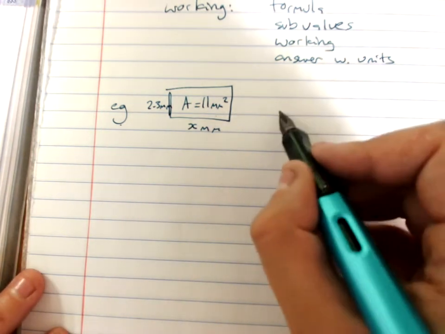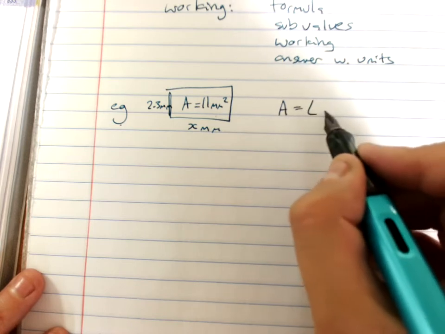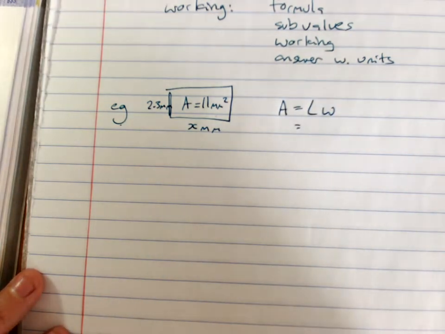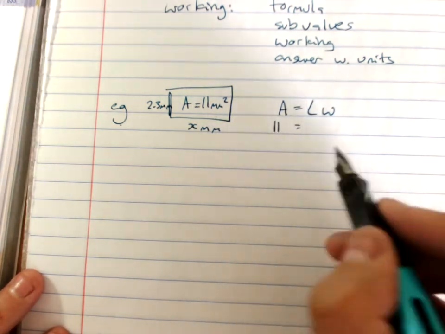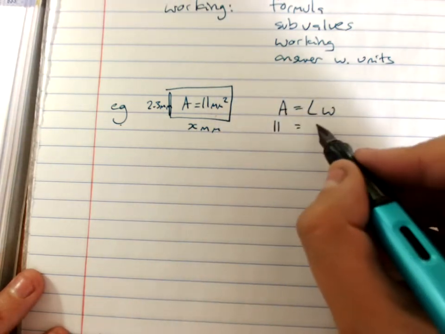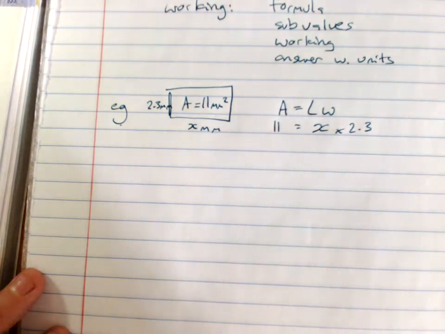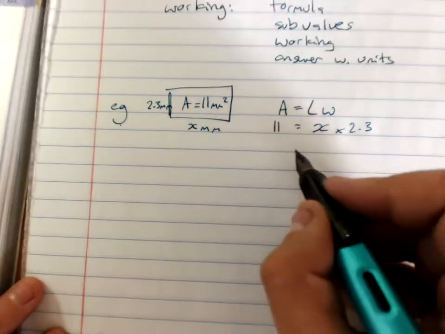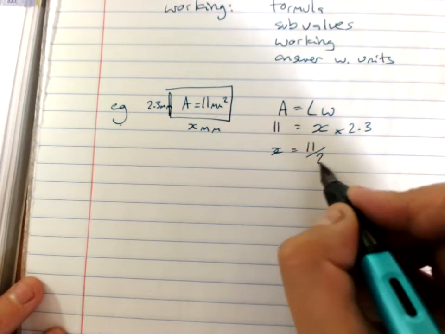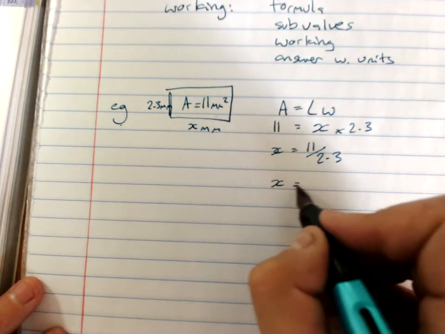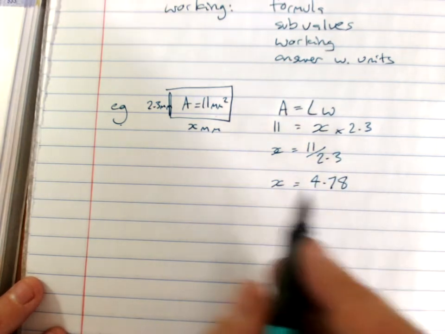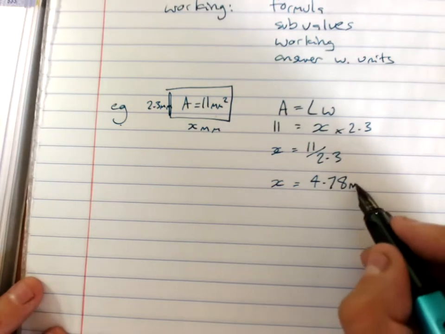Still start with the formula. Area of a rectangle is length times width. Substitute in the values you know. 11 millimeters squared is x times 2.3. Divide by 2.3, so x is 11 divided by 2.3. x is 4.78, and we are measuring in millimeters.